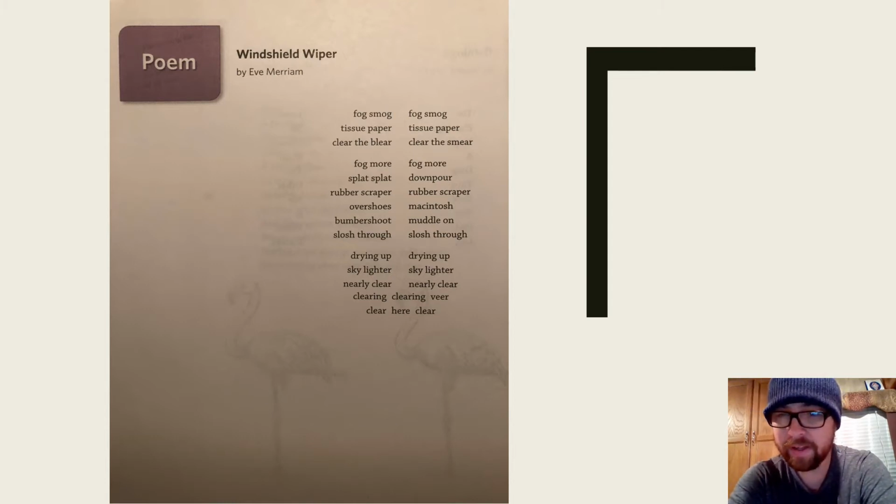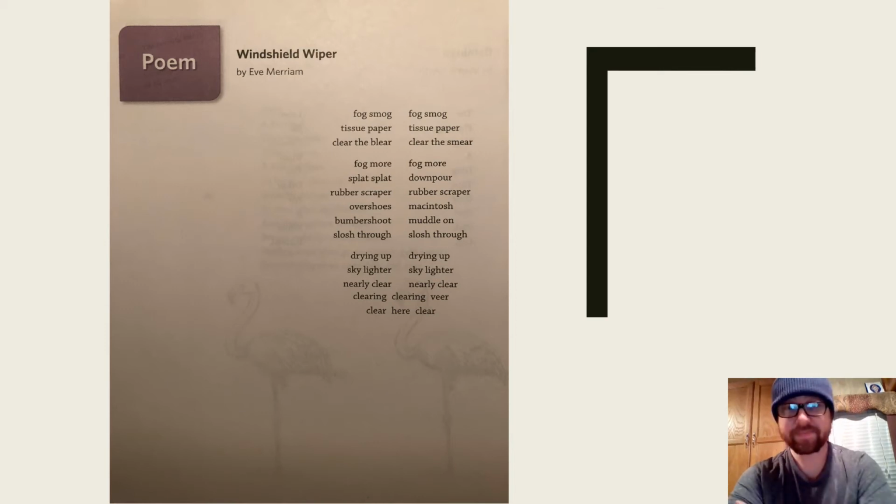Bumbershoot, muddle on, slosh through, drying up, skylighter, nearly clear, clearing, veer, clear, here, clear.